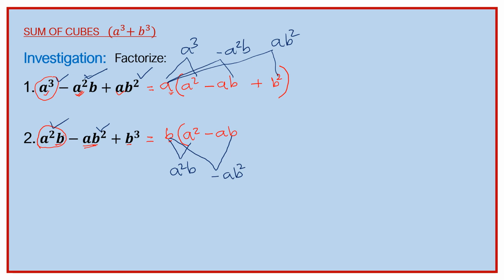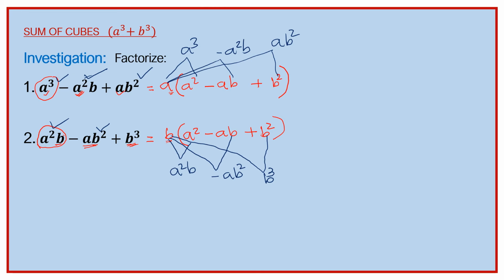Then plus, we have b cubed, but already we have 1b here. So here we have b squared, such that this b and this b squared, it will be b cubed. So you see, a squared b minus ab squared plus b cubed is equal to b into a squared minus ab plus b squared.